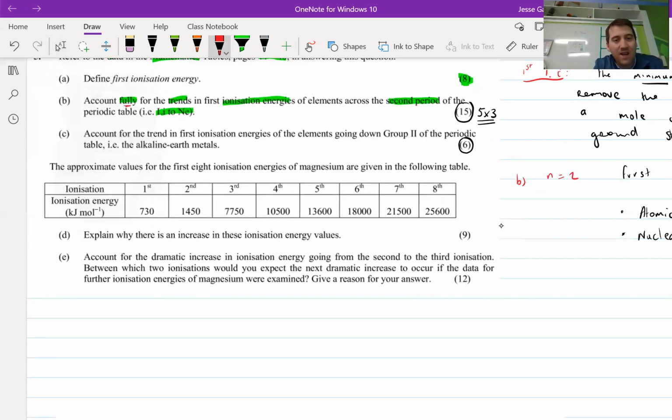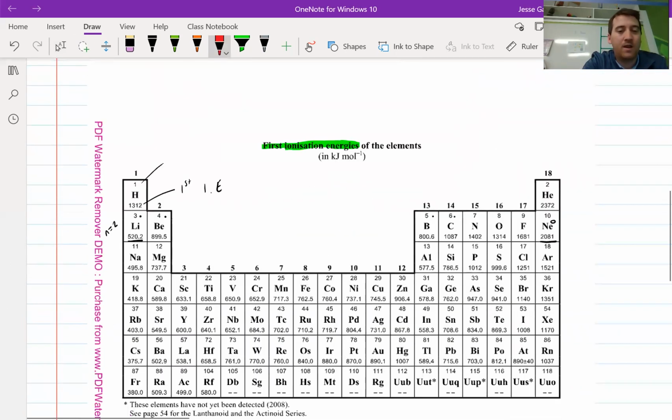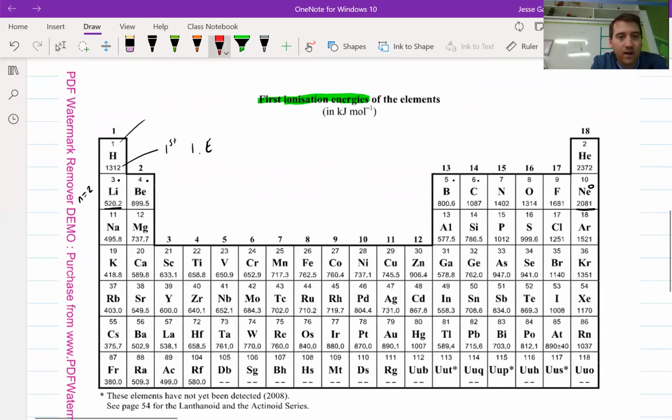Well, there's something in this word, account fully, for what's going on. Let's see, is there anything else going on here? So let's go back to our n equal to 2 period. Remember that we would have learned about a general increase, 520 going up to 2081, but that isn't the full story.